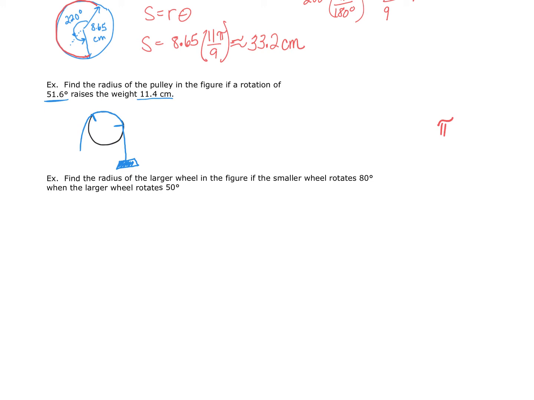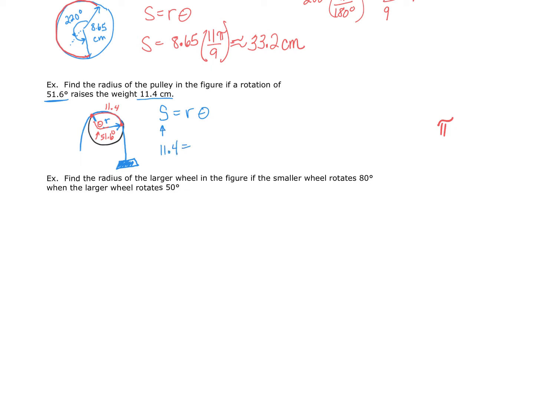So we want to know what is the radius of this pulley, what is r, if the arc length is 11.4, so that would be from here to here, and the angle theta is 51.6 degrees. In this particular case, using the formula S equals r theta, we happen to know the S, which is 11.4.